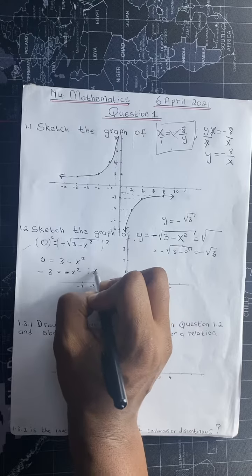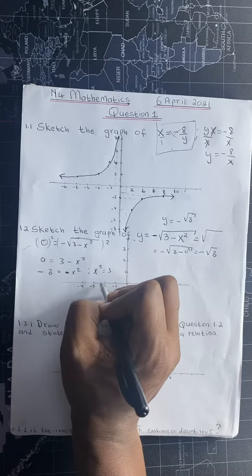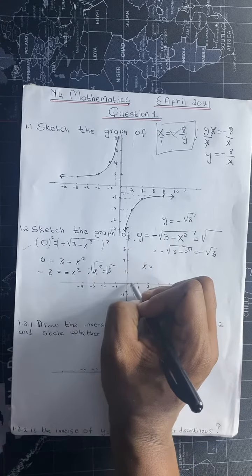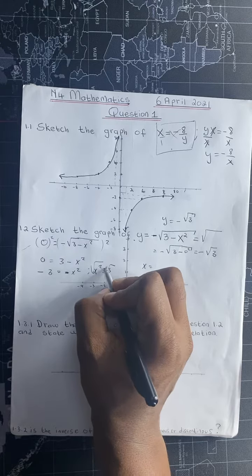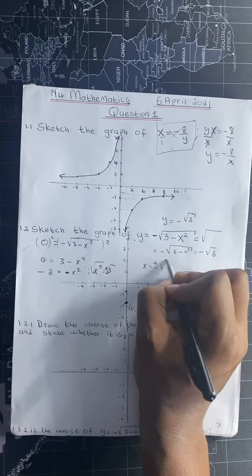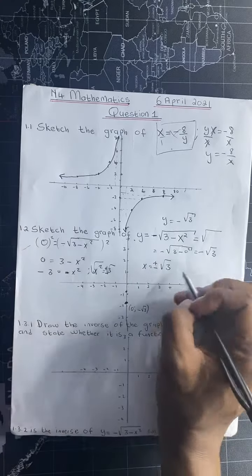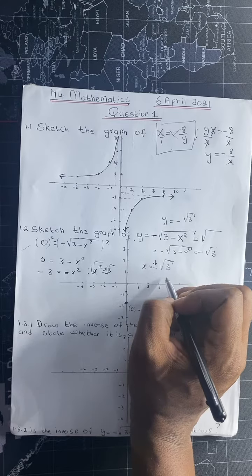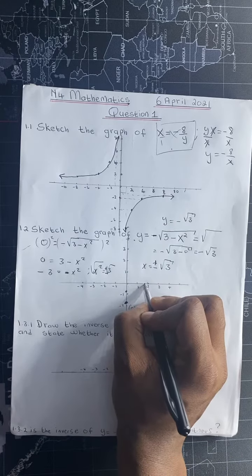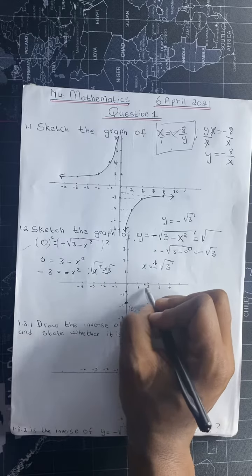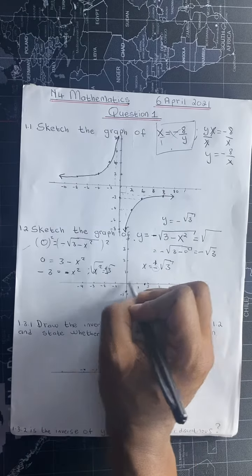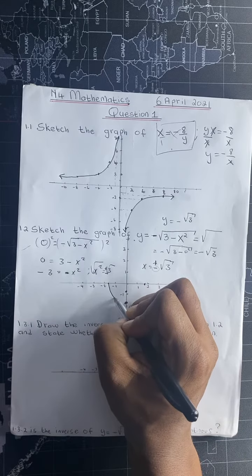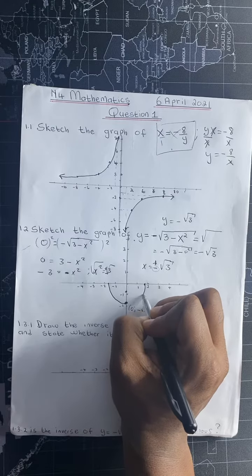So this will be x squared is equal to 3, and we make x the subject of the formula by introducing the square root on both sides. When we introduce the square root, we must have plus or minus the square root of 3. The square root of 3 is equal to 1,73. The positive 1,73 will be somewhere there, and the negative 1,73 will be somewhere around there. So our graph, like we said, is going to be a semicircle.